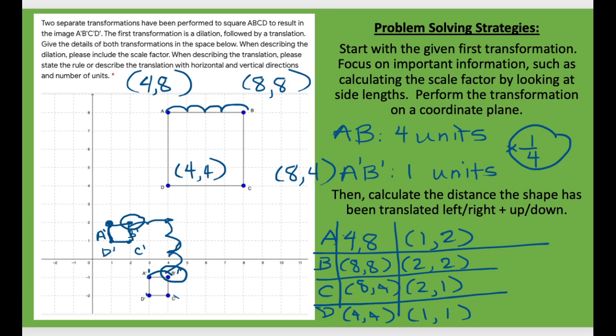So that would be a translation. And if I write it as a rule, I would say x comma y yields x plus 2 because it moved to the right 2, and then y minus 3 because it moved down 3. So I highly recommend that you make sure you graph it on graph paper if you have graph paper, or even just draw a sketch in your notebook if you don't.